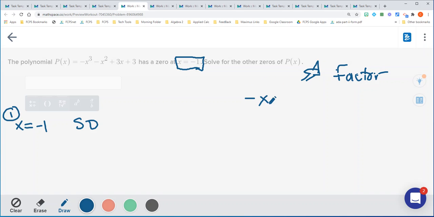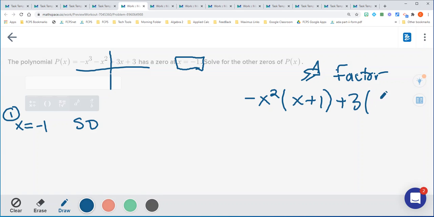So I'm going to start by doing my grouping here. Okay, so we got an x plus 1. Positive 3 comes out, x plus 1, and I keep going.